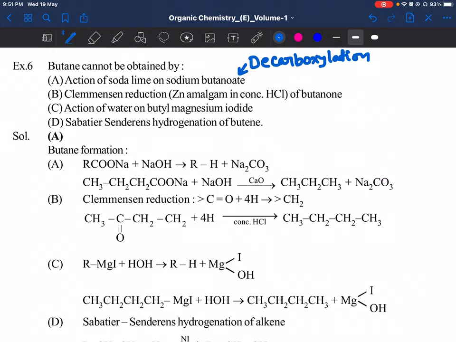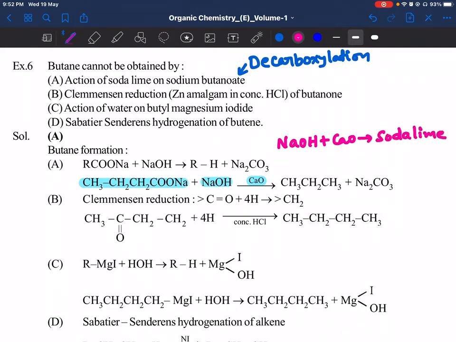Sodium butanoate, the explanation is given here below. This is sodium butanoate. When it reacts with NaOH and CaO, the mixture of NaOH plus CaO is called soda lime.